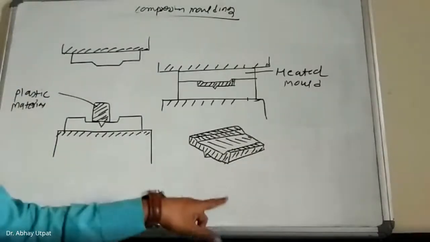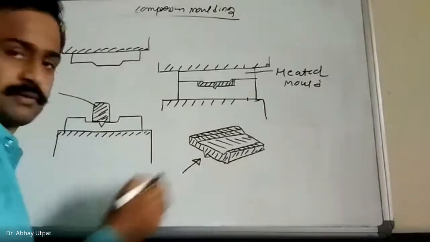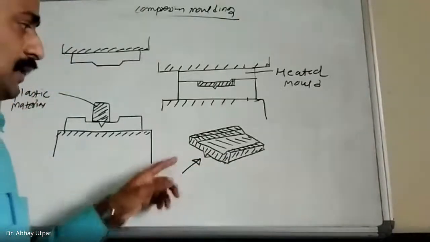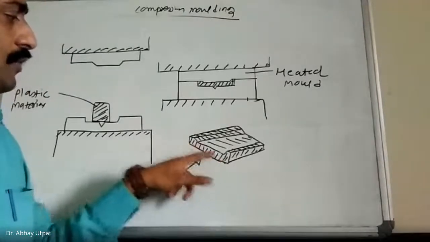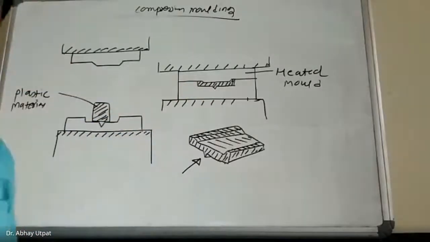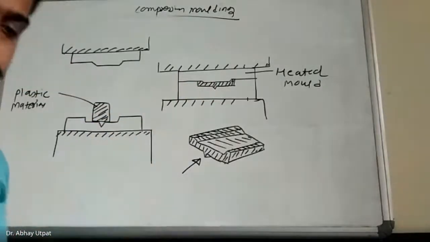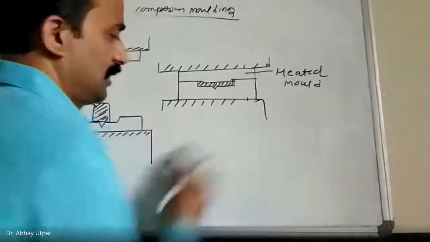You can see this product. Now I have shown you from this view. So this is the view which I have shown. It may have some depth. I will draw a hatching pattern, and I will leave the rest white so that you can see.